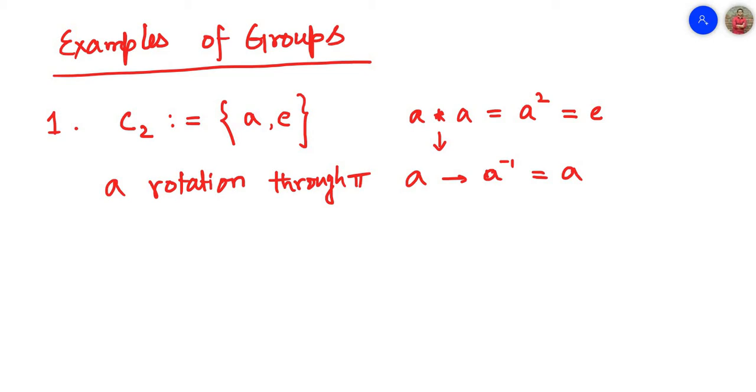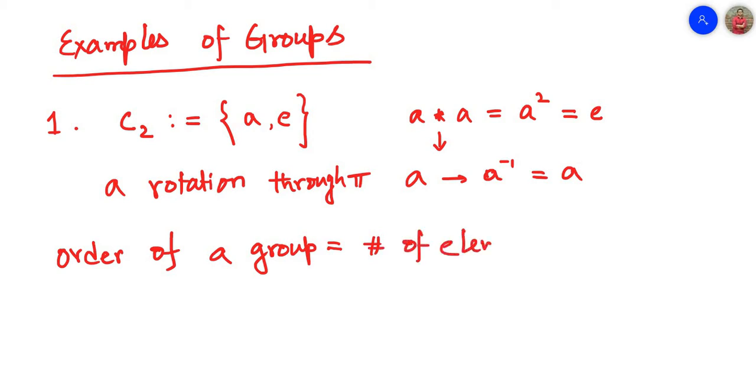One of the definitions that we can now provide is something called the order of a group. By order of a group, we mean the number of elements in a finite group, because for an infinite group, the order of the group is simply infinity.